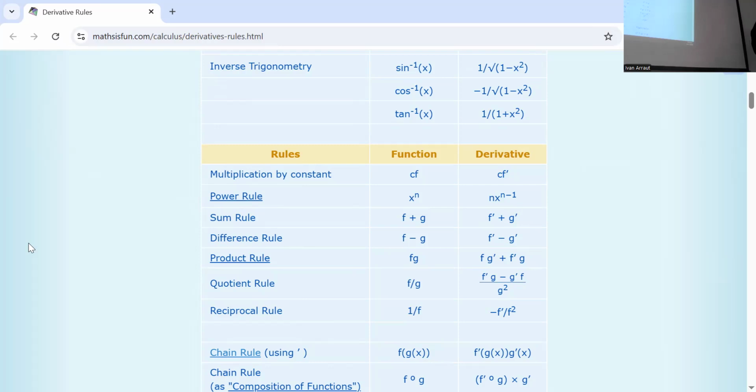Then I want to calculate the derivative. Then it will be the derivative of this multiplied by this plus the derivative of the second function, which is minus sine, multiplied by the first.